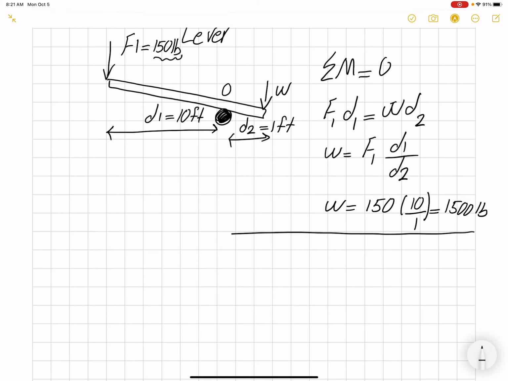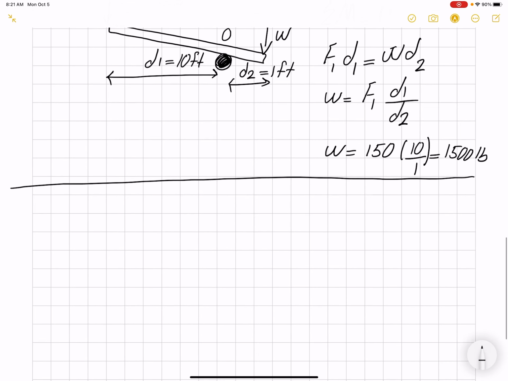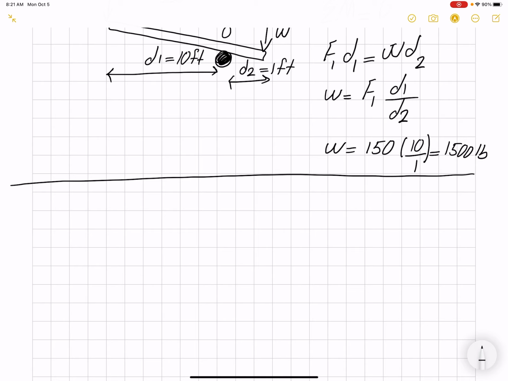Let's look at an example of finding the reaction forces and moments.